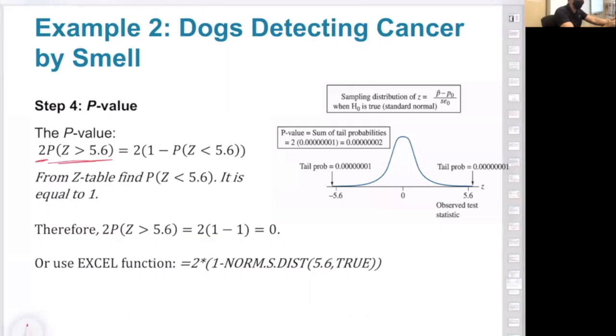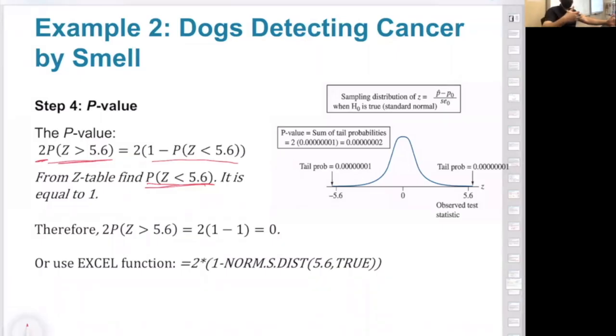Again, the table gives us the area to the left, not to the right. So we will apply the complement rule: 1 minus the probability that z is less than 5.6. And don't forget, we have 2 before it, so it's 2 times this. From the table, you look for the area to the left of 5.6, and you will find it is equal to 1. Actually, when you go to the table, you will not find 5.6. The maximum number is, I think, 3.99 or something like that.